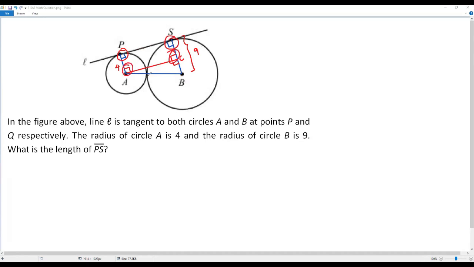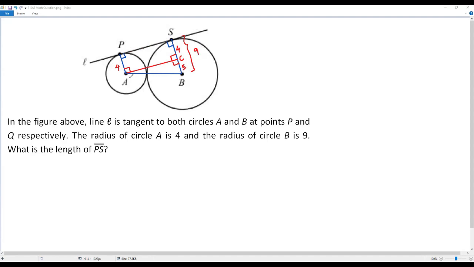Since we have a right angle at each vertex, we can consider this quadrilateral PSCA as a rectangle. In a rectangle, opposite sides are parallel and equal in length. Here the sides PA and SC are opposite sides of this rectangle, so they must be equal in length. We know the length of PA is 4, so the length of SC must be 4. Then what is the length of CB? It must be 5, so that when I add 4 and 5, that is equal to the radius 9.